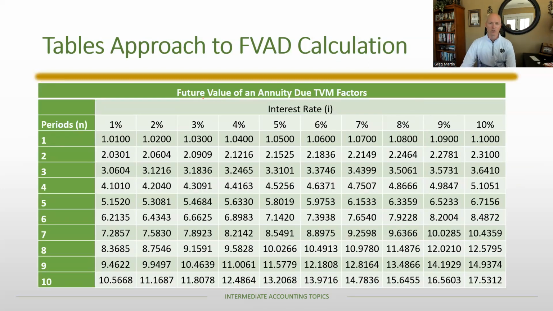So this is a future value of an annuity due factor table. And again, in this case, it's a 4-year annuity with 9% interest. And so we intersect the 9%, sorry if I can find it, and 4 years, and you can see the factor is right there, 4.9847.